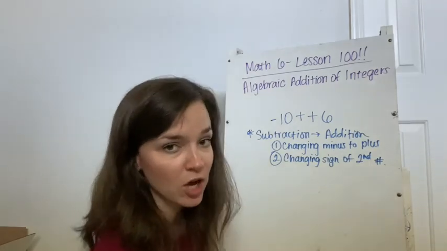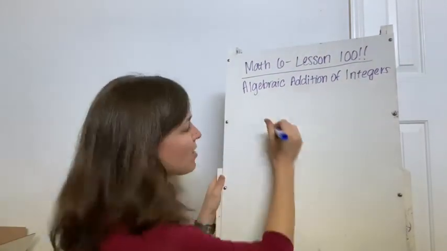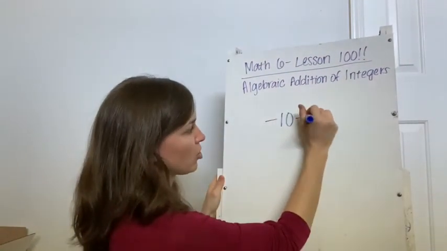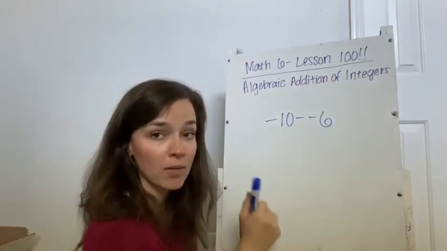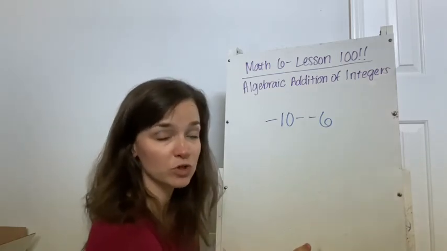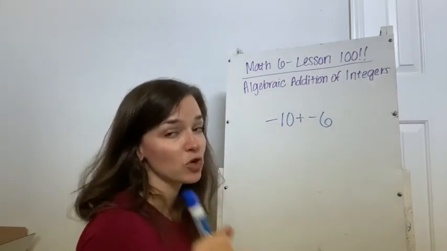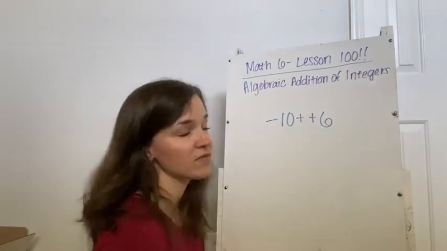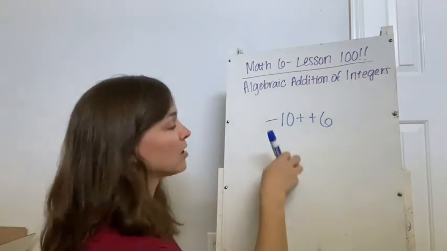Okay, so let's look at a couple more examples. Let's do that one again, just so you can see it all the way through. Like I said, if it's a subtraction problem, you can convert it into an addition problem so that you can use those same rules we've been doing. So this would become plus, but you can only do it as long as you also change the sign of the second term. Now we are looking at an addition problem, so we can use the same rules.